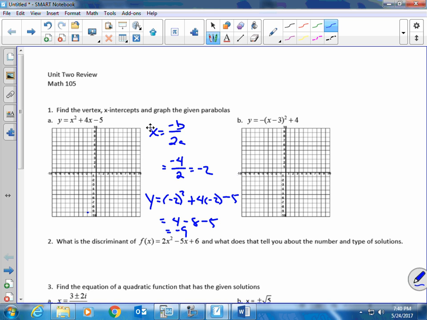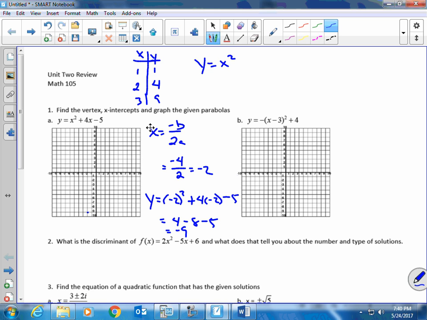What is my pattern? What is the shape of this graph compared to my original y equals x squared? Remember we talked about y being x squared is nothing fancy. Whatever x is, you square it, and you get y because y is x squared. So if I go over 1, 1 squared is 1. If I go over 2, 2 squared is 4. 3 squared is 9.